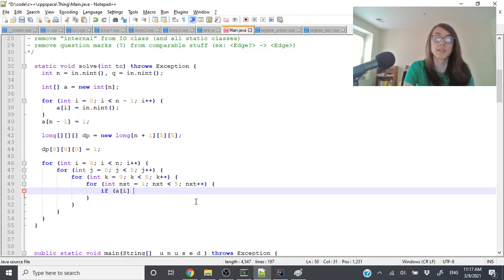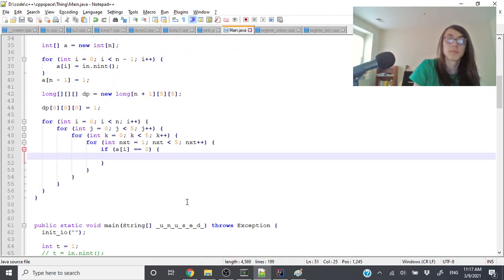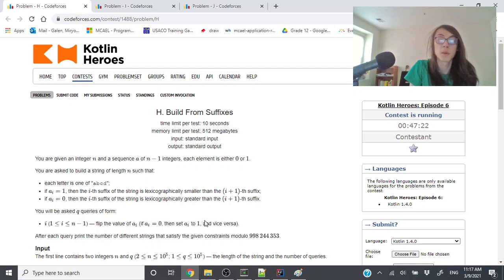So if a i is equal to 0, okay, if a i is 0, that means it has to be less, right?